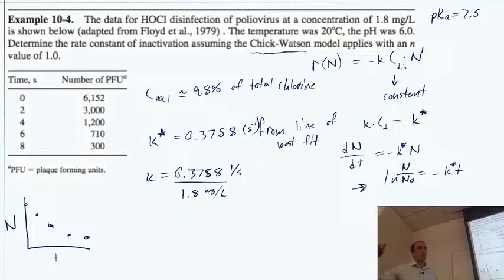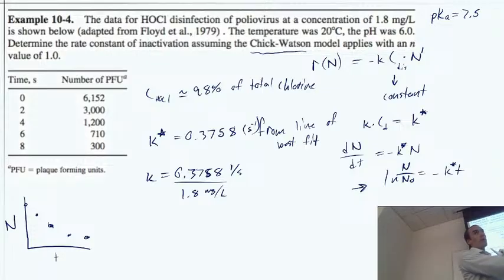liters per milligram second. But this is a strange one because this is including the chlorine, right? You notice our K star is a per time. That's our combined constants giving us this per time unit. Whereas if we specify we're using chlorine to disinfect poliovirus, that will be a special distinct K, for chlorine paired with poliovirus.